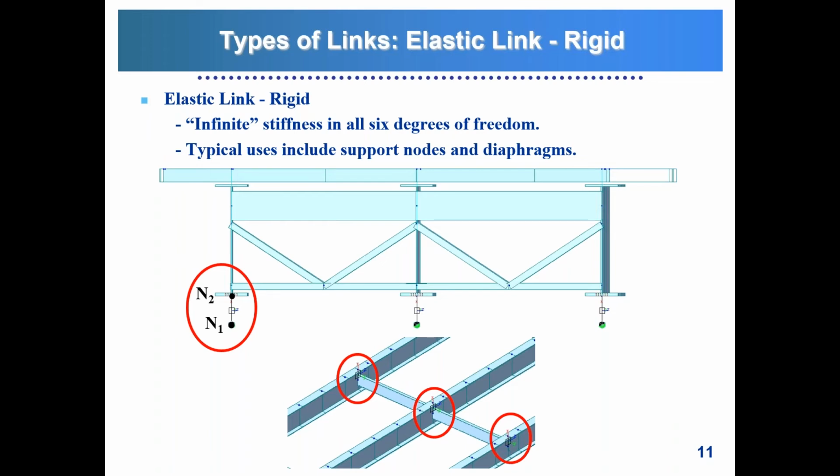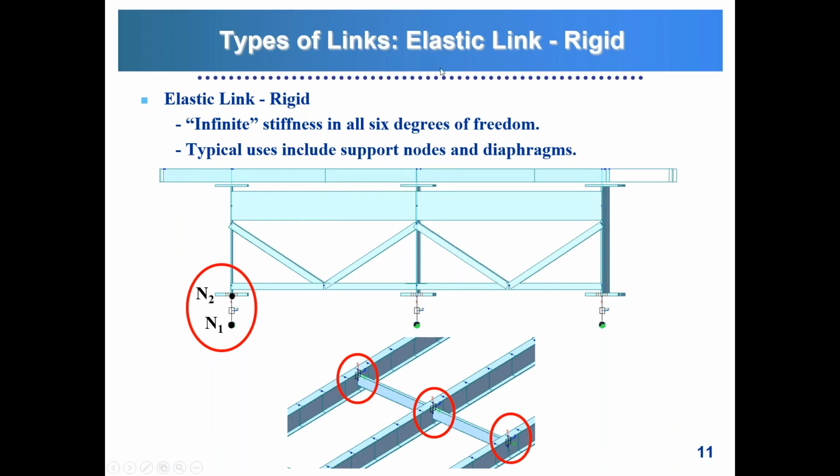So when you select a rigid elastic link in Midas, it will automatically assign a very high stiffness to simulate rigid behavior. And when I mention very high stiffness, it's really a very high stiffness relative to the elements that are surrounding that link.